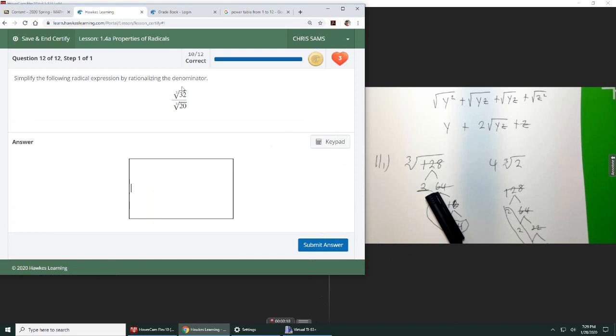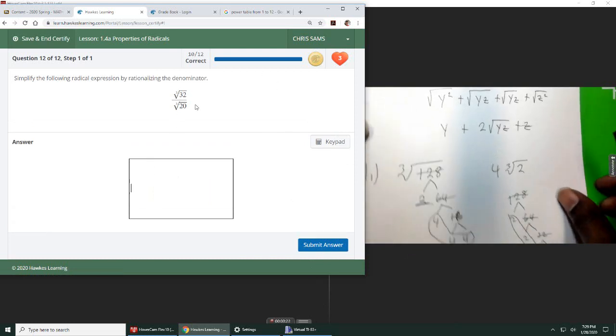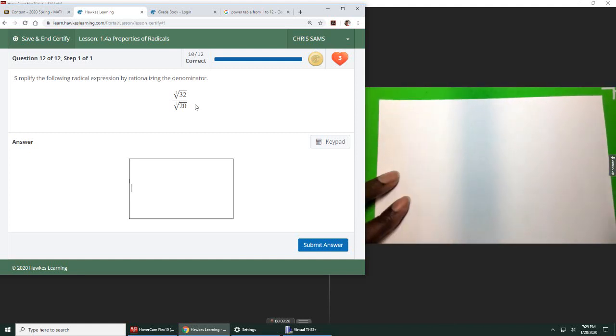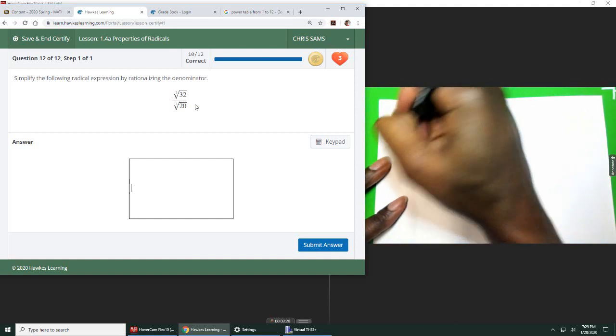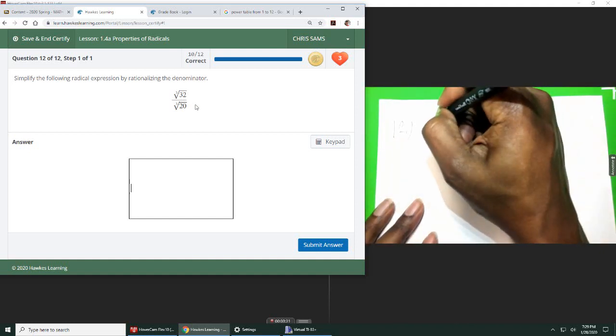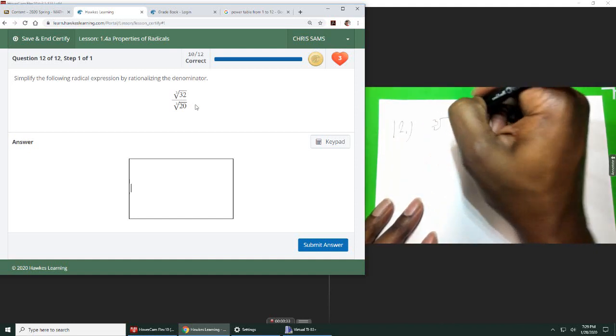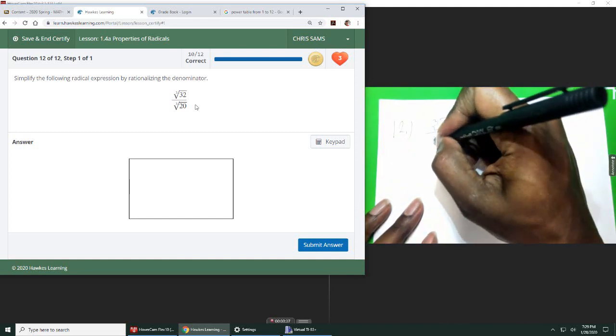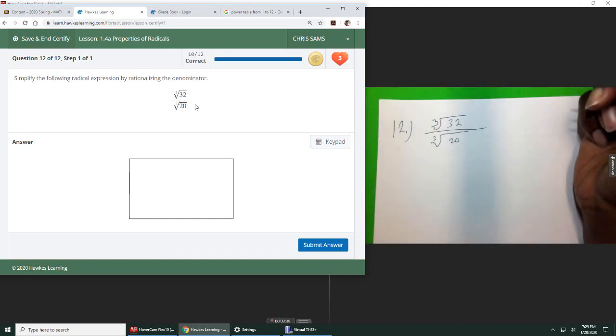And then number 12, we just want to find the cube root and simplify these two. It's going to be the same process, but I'll go ahead and do that one as well. Number 12, we have the cube root of 32 divided by the cube root of 20, and we will see if these will reduce.